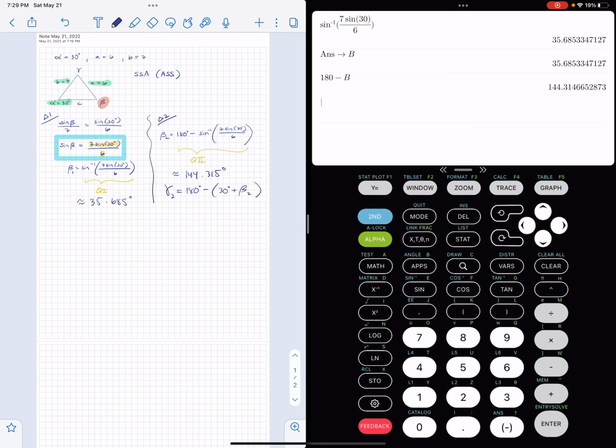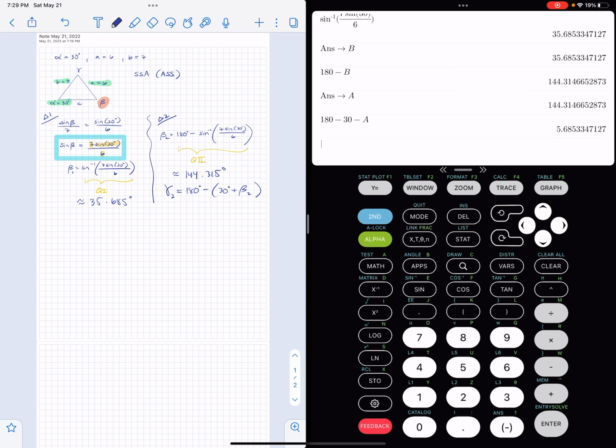I should store beta for the second triangle under A. So 180 degrees minus 30 minus beta sub 2, I get approximately 5.685 degrees. That means there is a second triangle.